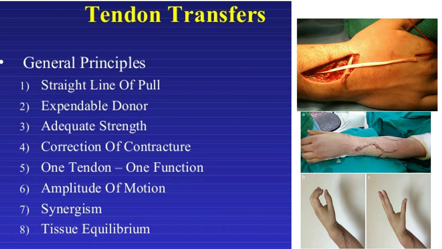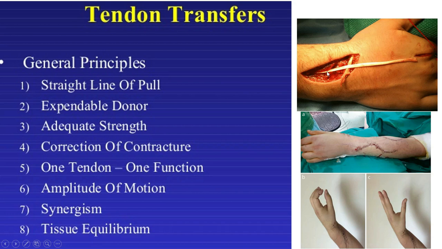Second, we have to take a good amount of tendon length so that we can extend the repair as needed, as per the intraoperative requirement. Now, regarding strength during tendon transfer, keep in mind the muscle power has 5 grades, and it will decrease by at least 1 grade.